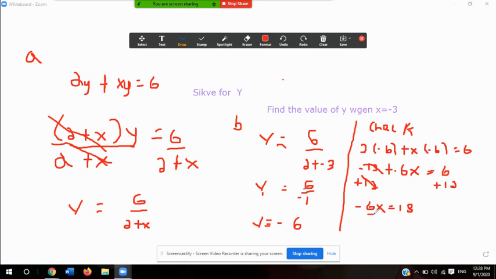So -6x equals 18, and x equals -3. So now I know the value of x, and I know the value of y.